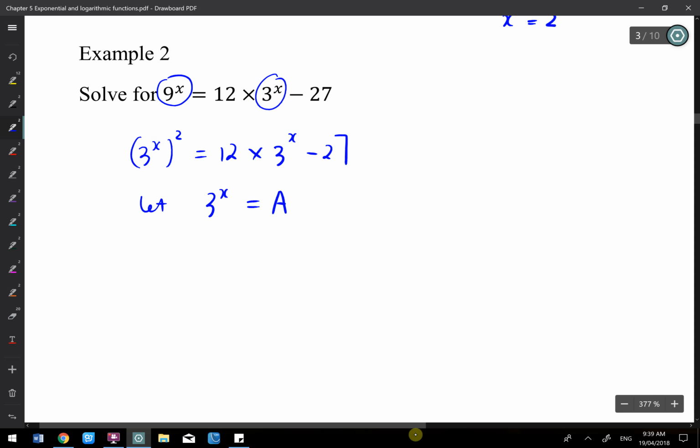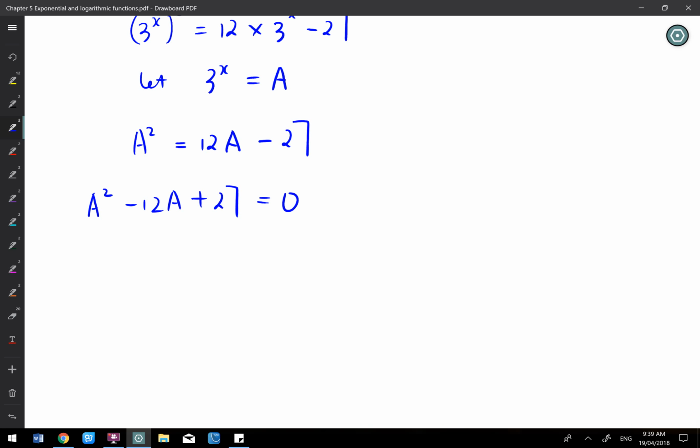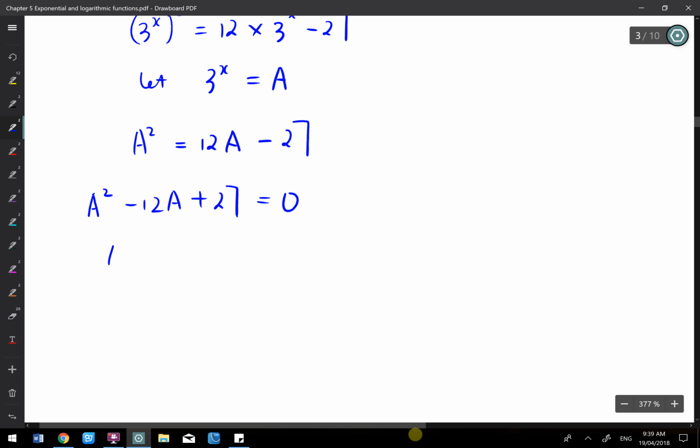So what we will have is a squared equals 12a minus 27. So a squared minus 12a plus 27 equals 0. This question becomes a quadratic equation. You can convert this complex exponential equation into a quadratic equation. So (a-3)(a-9) equals 0. So a equals 3 or a equals 9.